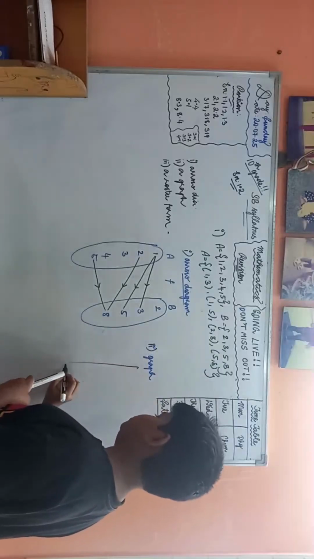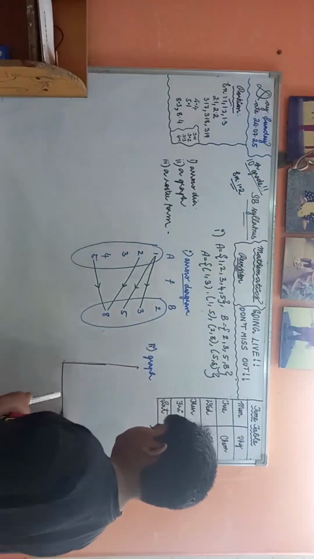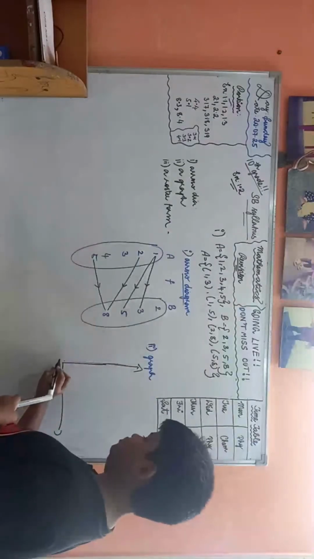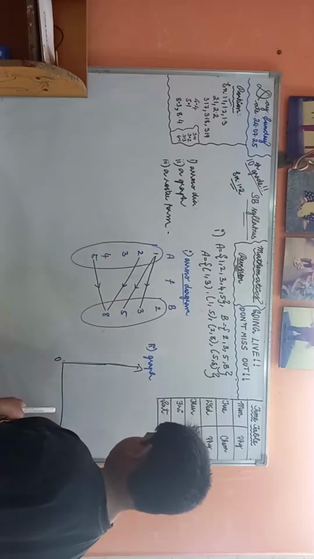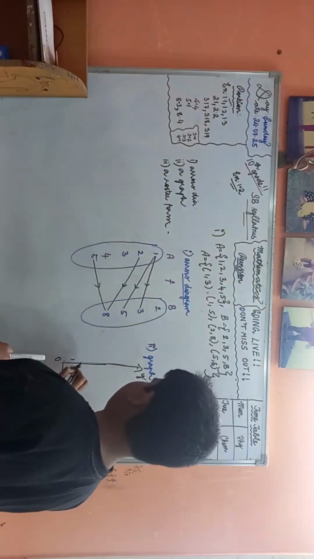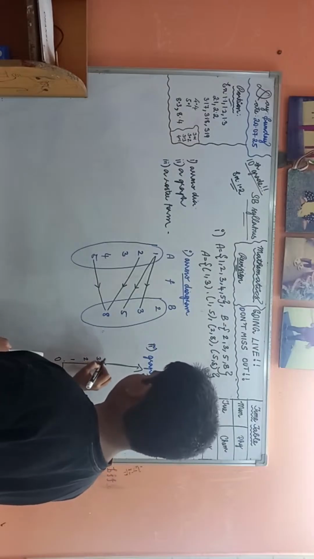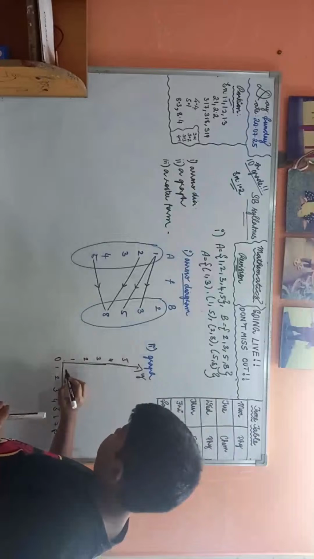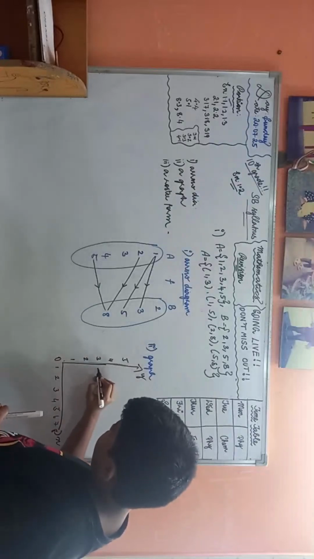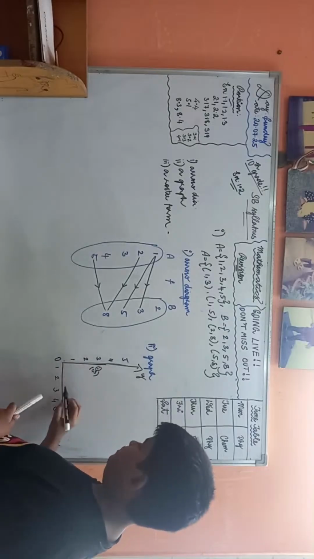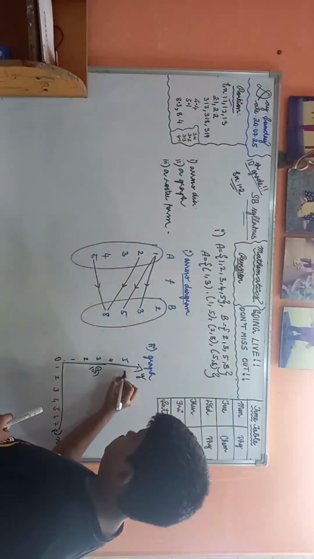So now a normal graph of how it should look. 0, x, y, 1, 2, 3. But see, that is (1, 3). This is (1, 5).